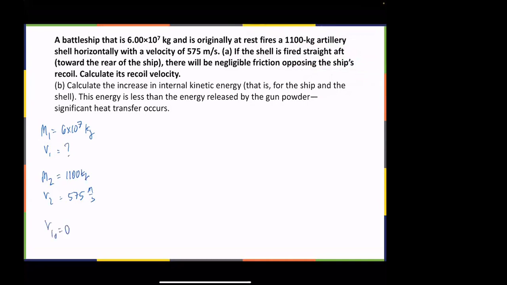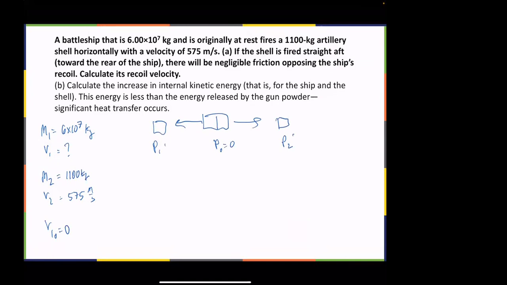V1 naught is 0. So in this problem, 2 become 1, right? 2 become individuals. So the momentum before is 0, and the momentums after are equal to a value.